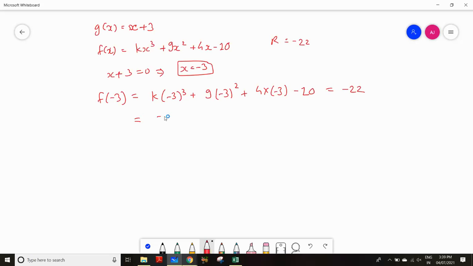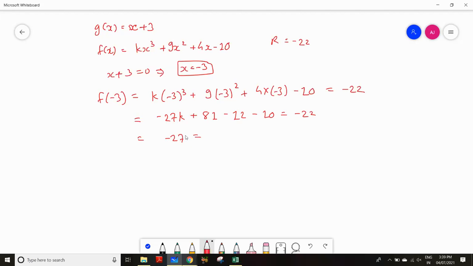So now it will be -3 whole cube, so -3 cube will be -27, so -27k plus -3 square will be 9, so it will become 9 nines are 81. Then plus minus minus, 4 threes are 12, minus 10 equal to minus 22. So we will shift everything to the other side.